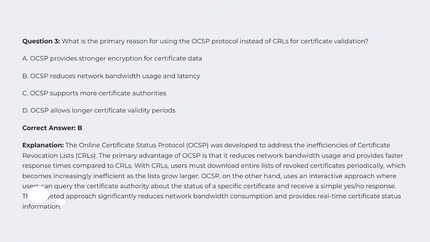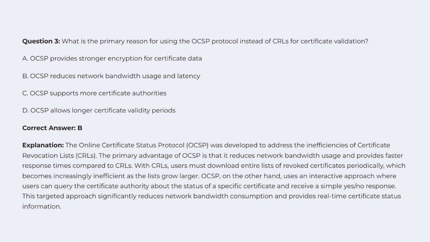Correct answer: B. Explanation. The Online Certificate Status Protocol, OCSP, was developed to address the inefficiencies of certificate revocation lists, CRLs. The primary advantage of OCSP is that it reduces network bandwidth usage and provides faster response times compared to CRLs.